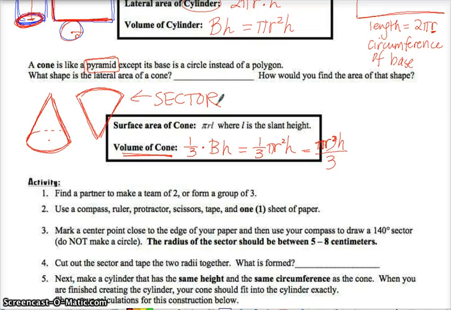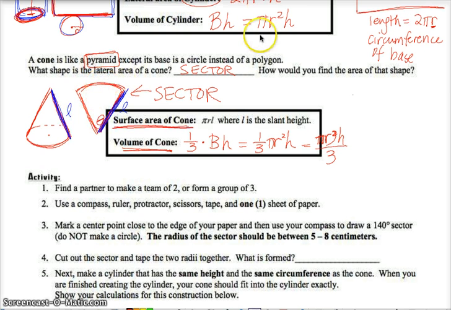So what shape is the lateral area of a cone? It is a sector, which is like a piece of pie, or kind of like a fan when you fold out a fan and you fan yourself to cool yourself off. How would you find the area of that shape? Ooh, that's a good question. So how do we find the area of this sector?